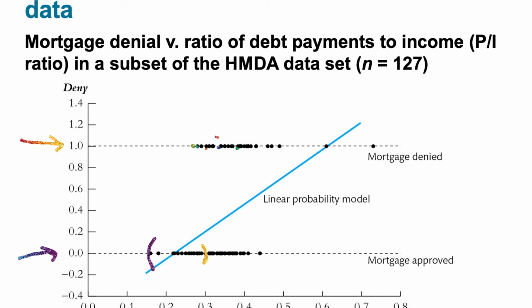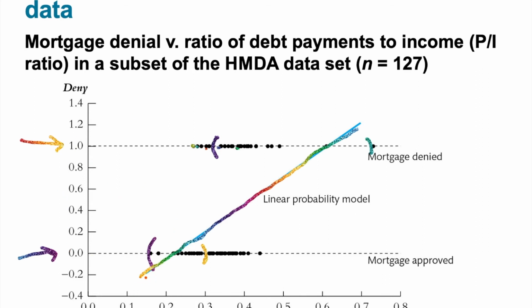And what we see up here is that the higher the fraction of your income that you have to attribute to your mortgage payment, the more likely you are to be denied. What the linear probability model does is take a linear relationship between the probability of approval and the probability of denial.